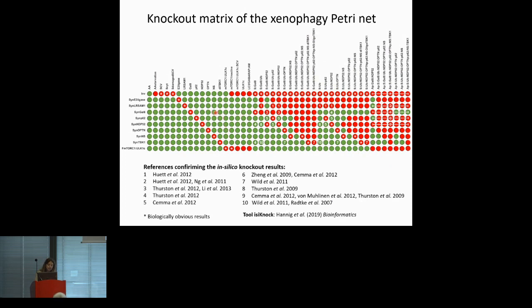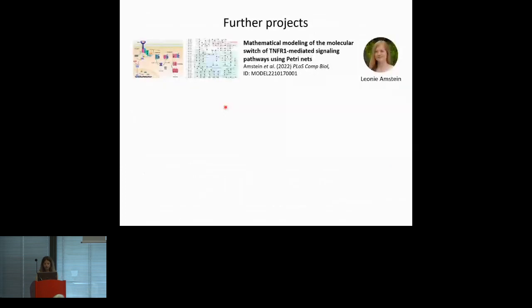And what you can see here, you see that we have also generated many, many hypotheses which could be performed experimentally. So the knockout matrix gives you a compilation of the results of a single knockout, but you can easily perform a double knockout or triple knockout and so on and so forth.